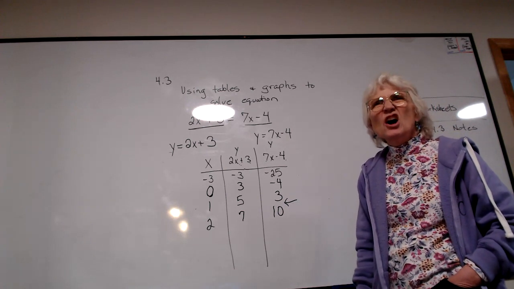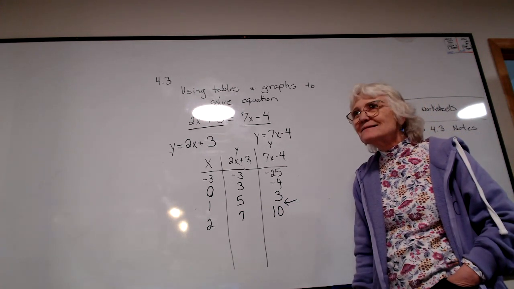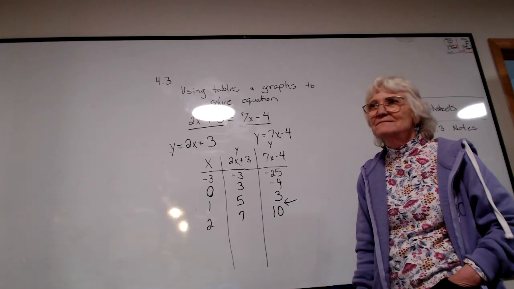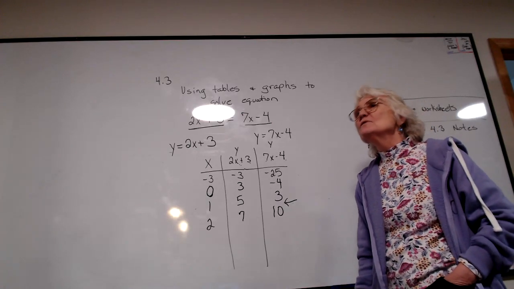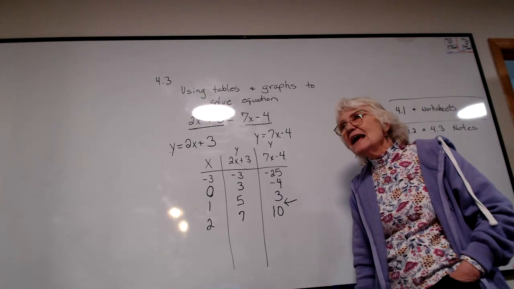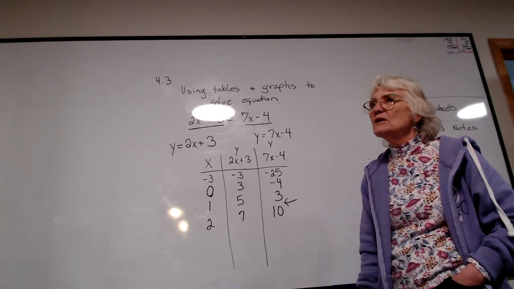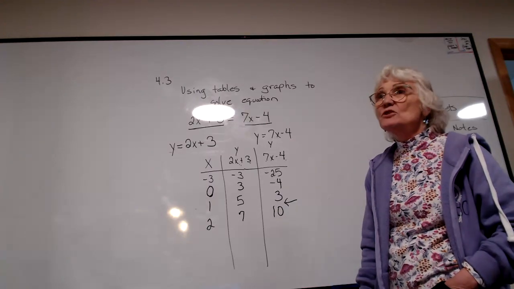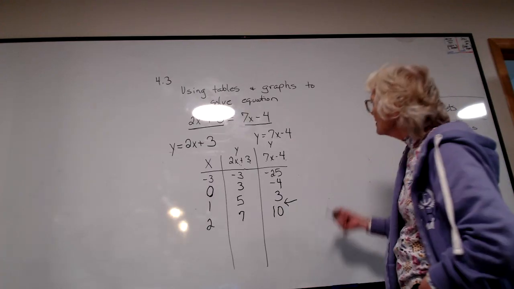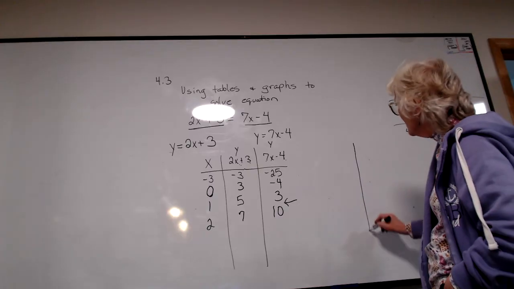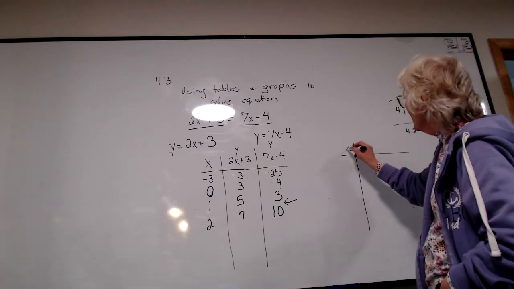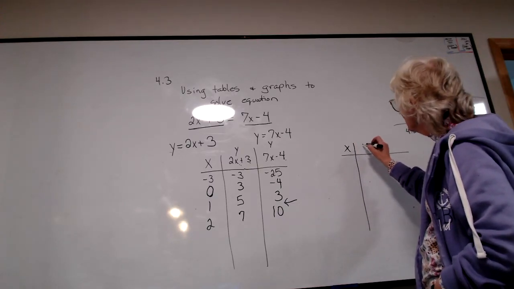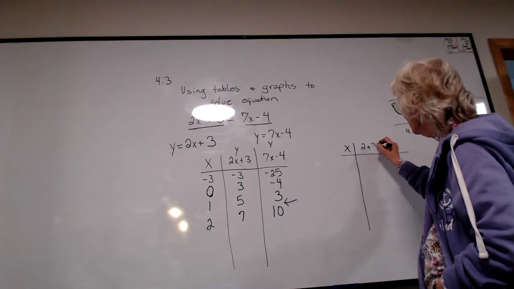Okay. Hard to see, right? Tables aren't very useful. Now, if they gave you a table and asked when they're equal, that would be a whole lot easier, okay? So if they gave you a table, you could see when they're equal.